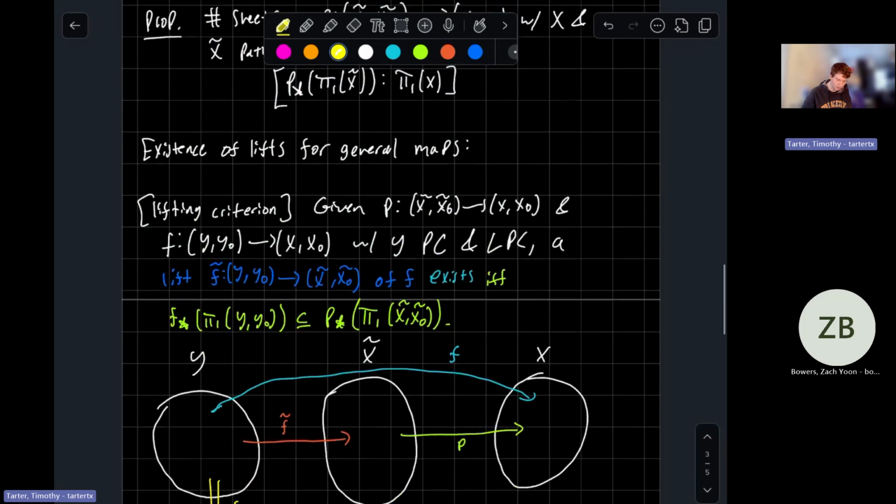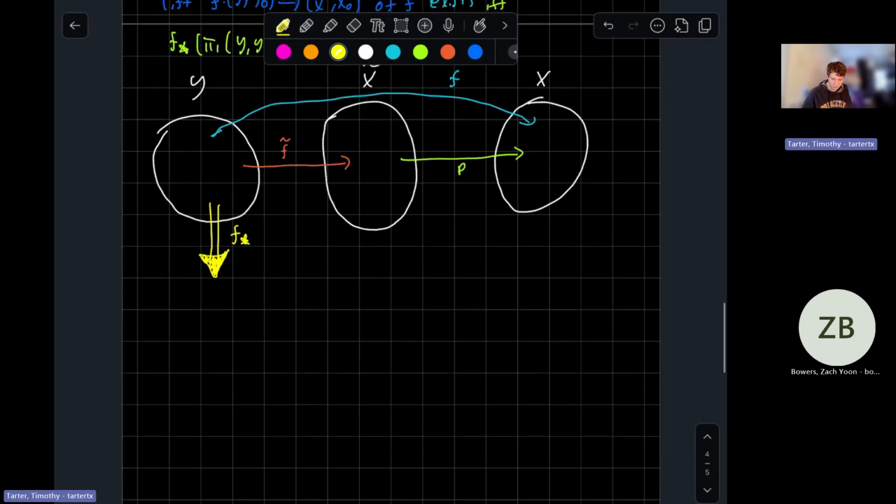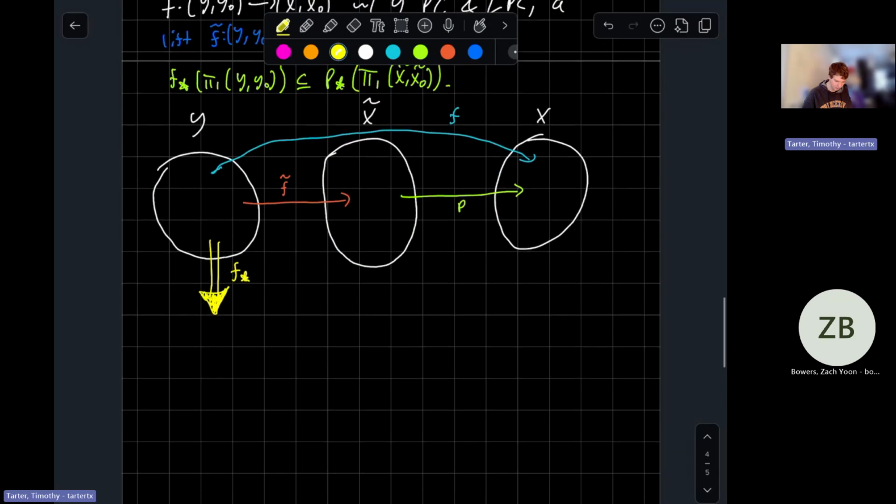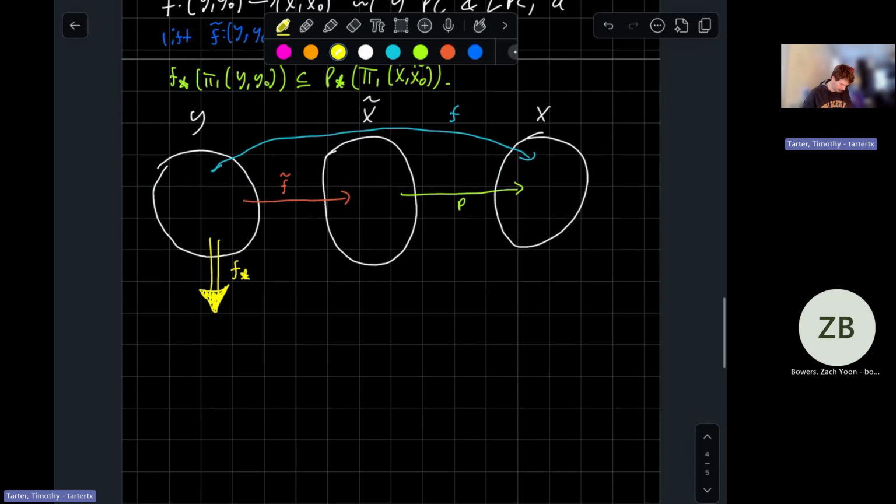F star that takes, well, okay, no, this is the pi1 functor.